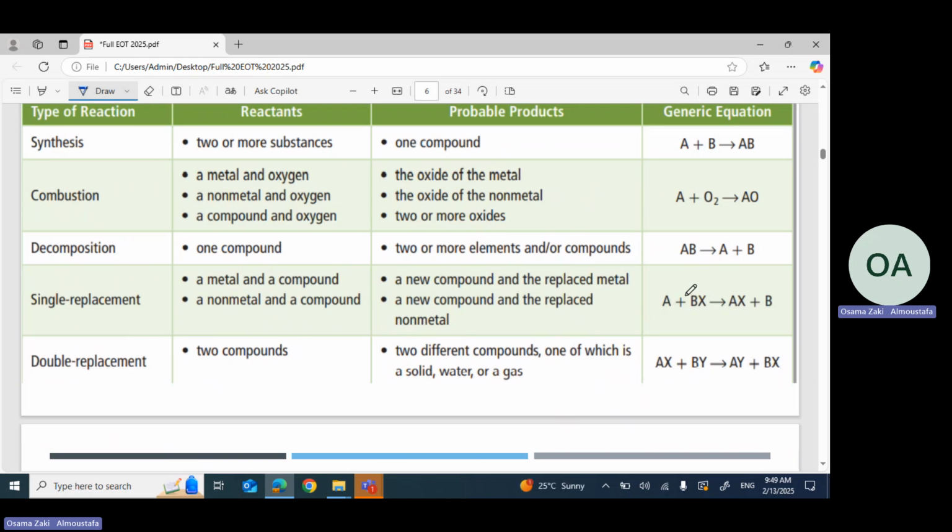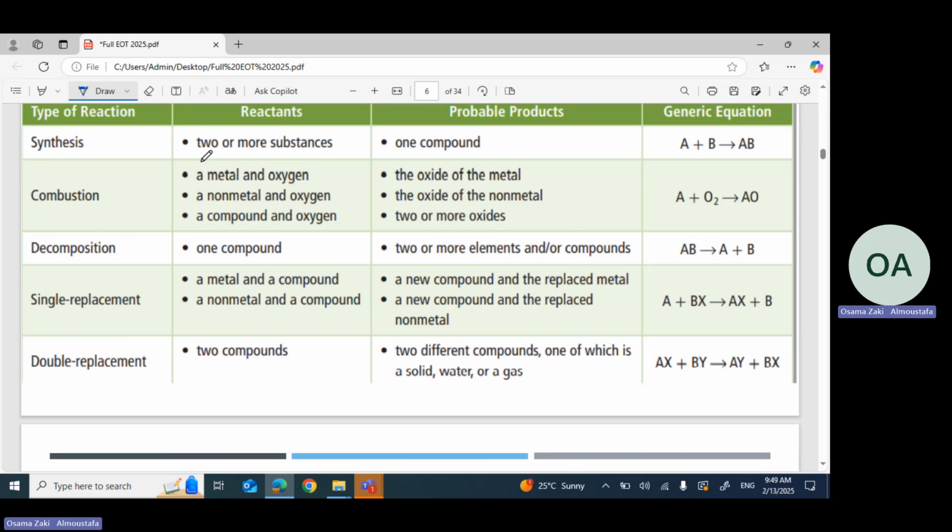So in the reactants, we have element and compound, and in the products, we have element and compound, as you see. In the double replacement, we have compound, compound, compound, compound. So in the reactants, we have two compounds, and in the products, we have 2 compounds also. So these are the main 5 types of chemical reactions in our curriculum.